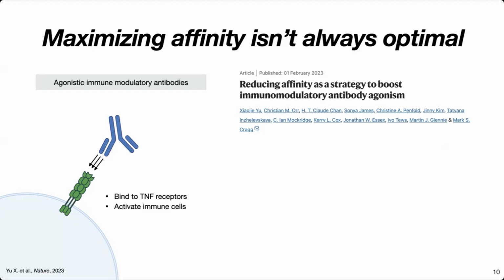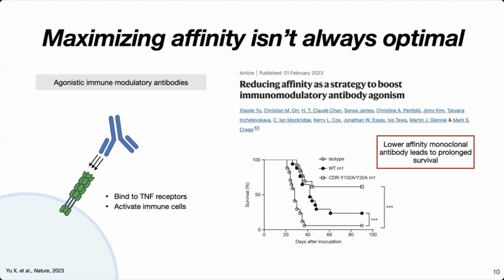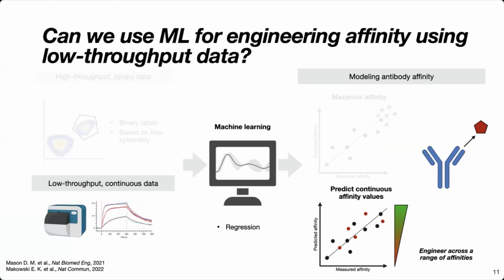The study that I'm referencing here examined the relationship between antibody affinity and agonistic potential of certain antibody variants. And they were able to show that lower affinity antibodies lead to prolonged survival rate in cancer mouse models. Therefore, we wanted to develop an approach to engineer antibodies across a range of affinities.